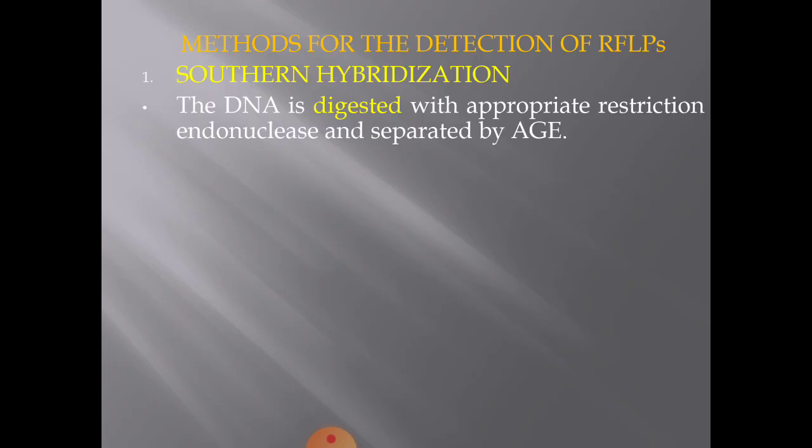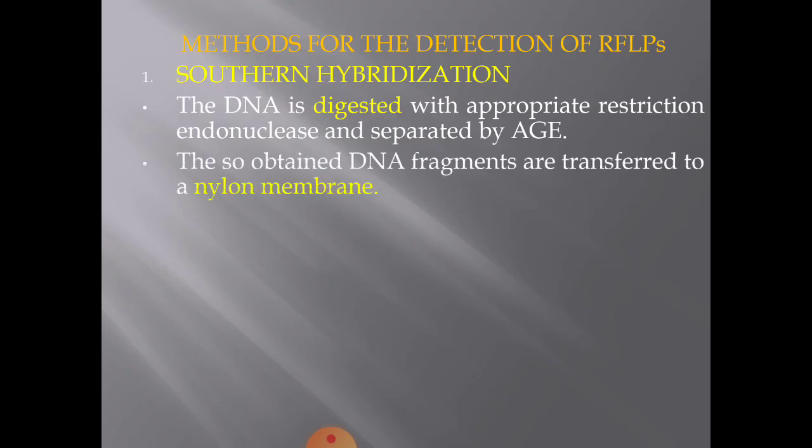So, in this southern hybridization, the DNA is digested with appropriate restriction endonuclease. You will get DNA fragments, and you can always separate out these DNA fragments by subjecting them to electrophoresis, and the electrophoresis type we use here is agarose gel electrophoresis.